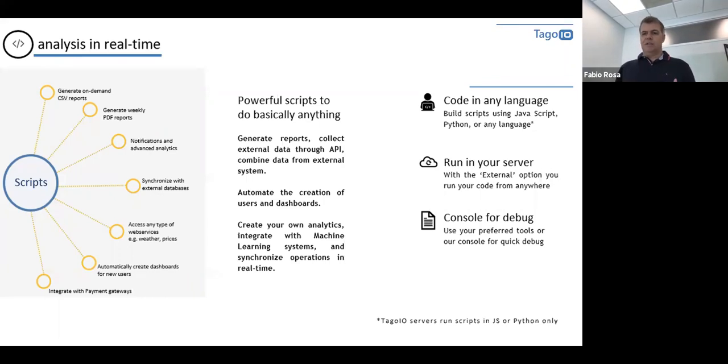I have customers that use Tago to create spreadsheets with the number of users they have, the plans they have, or the number of devices they have, so they can charge them. It can be done manually later, or you can integrate with Stripe, PayPal, or any other system.